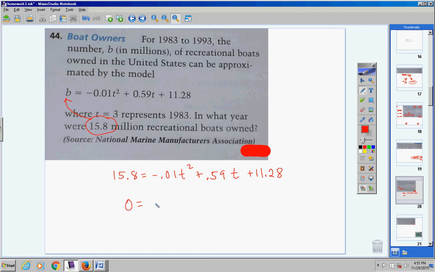So bring the 15.8 over and make it negative 15.8. And we're left with negative 0.01 t squared plus 0.59 t minus 4.52. Alright, so there we go.